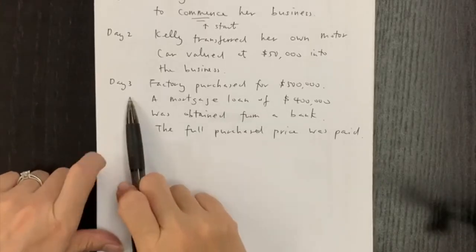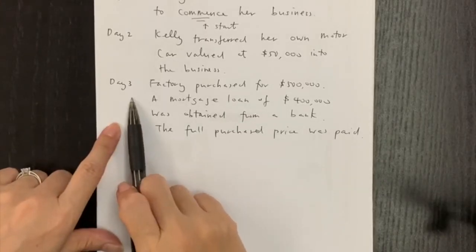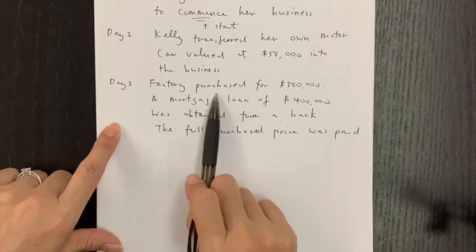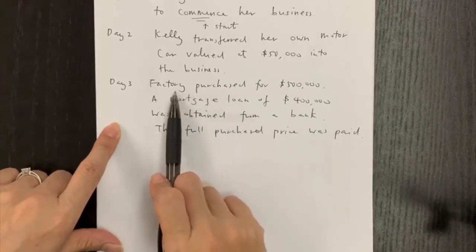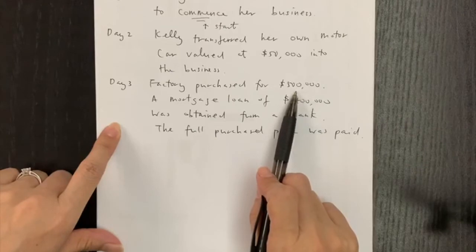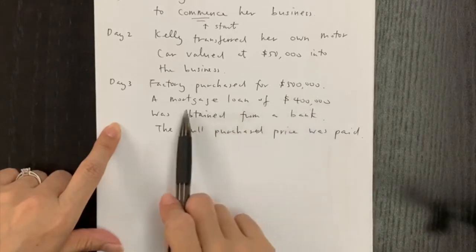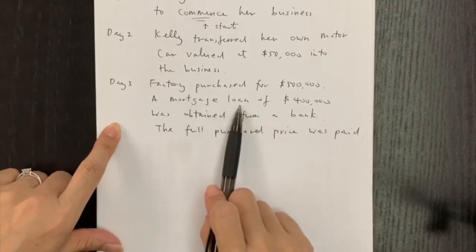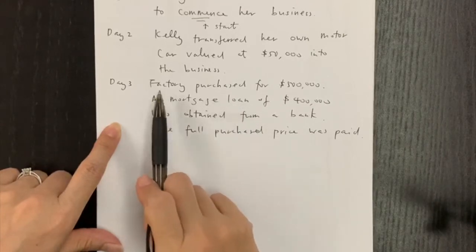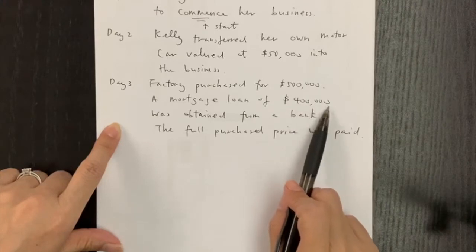Okay, so next we have day 3. So what happened on day 3? Purchase means buy. The factory was purchased for 500,000, and since 500,000 is quite expensive, we do not have enough money to pay for it, right? So there is a mortgage loan, which means we borrow money from the bank to buy this factory, and we borrow 400,000.